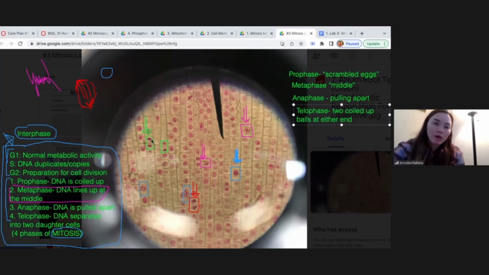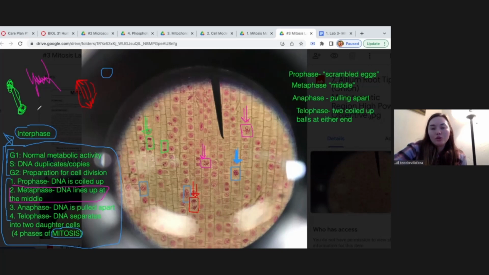Okay, so 1 and 1. Okay, so those would be our best examples of each of those phases.